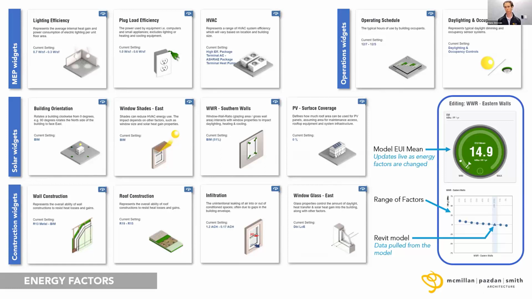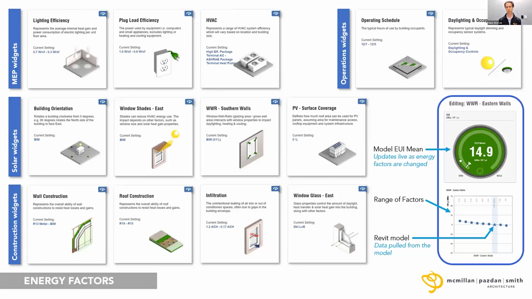So like in this example here for the eastern facing walls, or the window to wall ratio for the eastern facing side of the building, it's already taken that value out of the Revit model. So if you have information like building orientation, if you've already set your true north value, or if you've already got your HVAC system set up in your building, it's going to take those values straight out of Revit, plug it into Insight, and then it'll put that onto the energy graph.